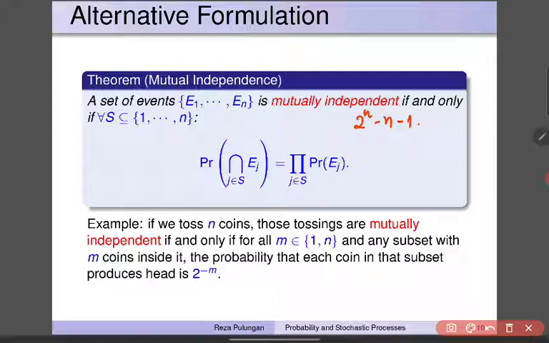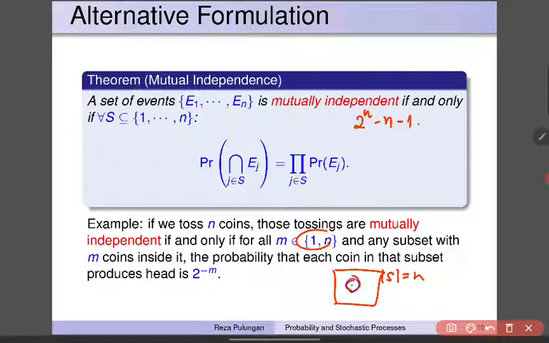An example: if we toss n coins, those tossings are mutually independent if and only if for any m element of 1 until n, so take any m, take any part of these numbers and any subset with m coins inside of it, then the probability that all coins inside of that subset produce head is equal to 2 to the power of minus m. So this simply means that we have here S, and inside of this S there are n coins.